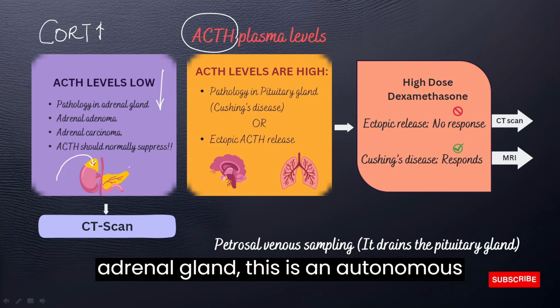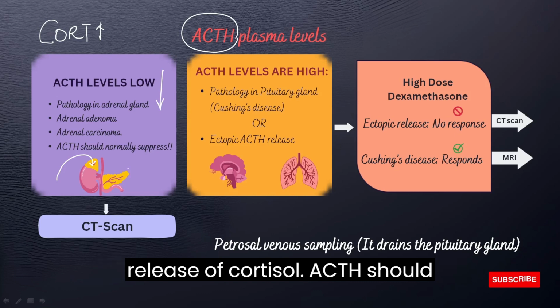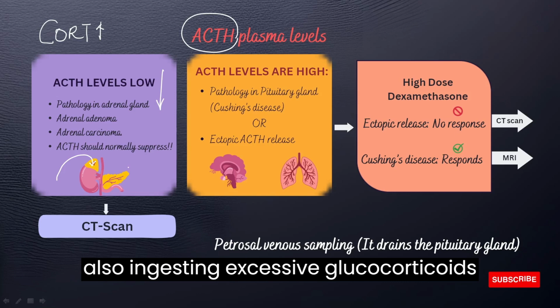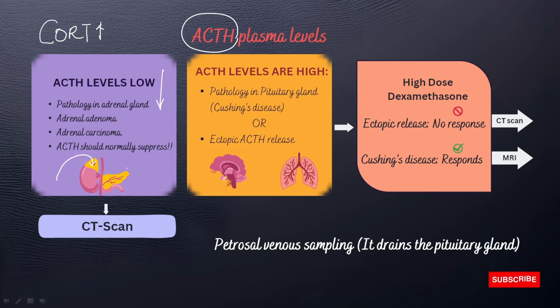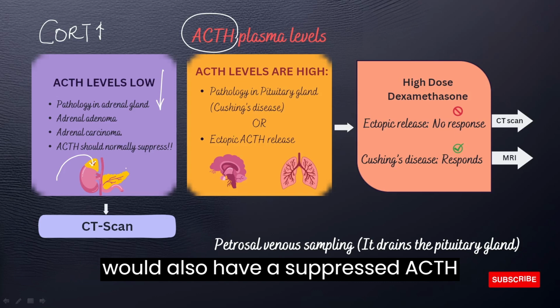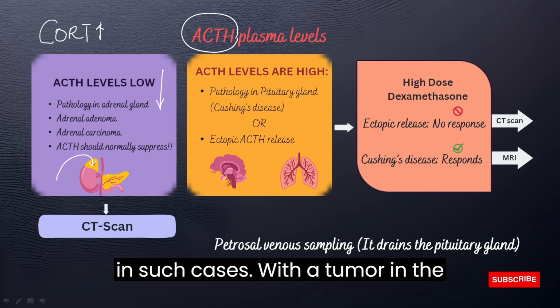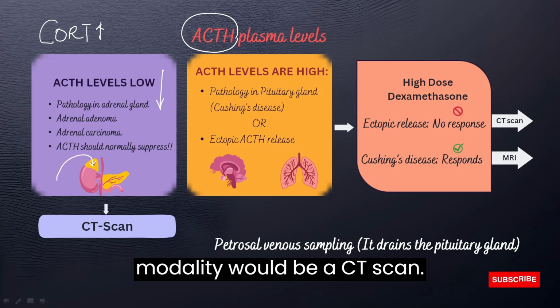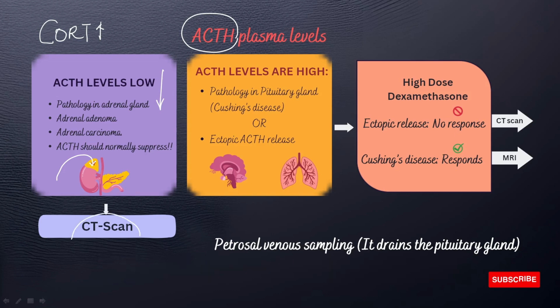This is an autonomous release of cortisol. ACTH should normally suppress. A patient that is also ingesting excessive glucocorticoids would also have a suppressed ACTH. In such cases, with a tumor in the adrenal gland, a very good imaging modality would be a CT scan.